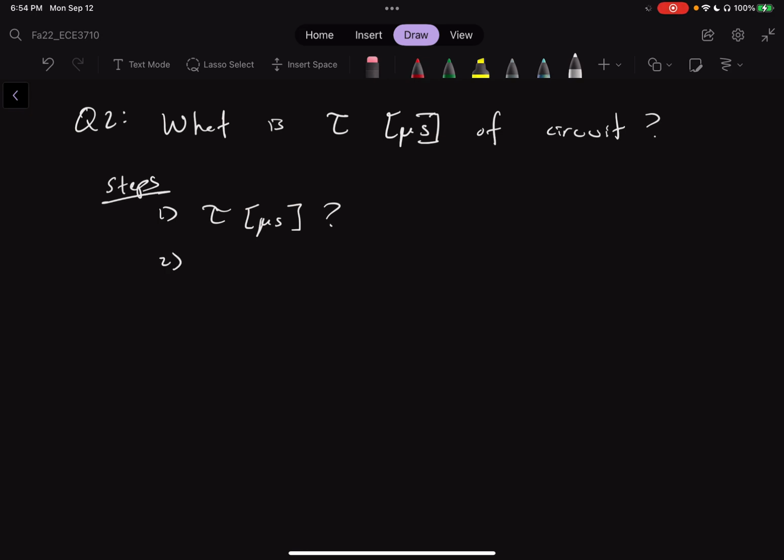How do we do that? We need to redraw the circuit for time approaching infinity. What else do we need to do? We need to remove the capacitor. We need to zero out all sources.